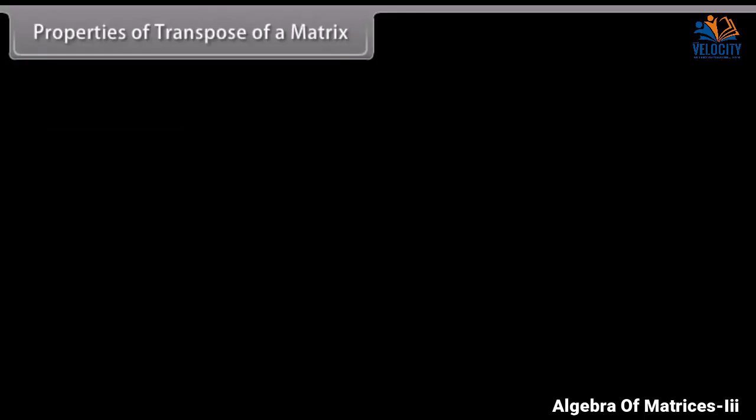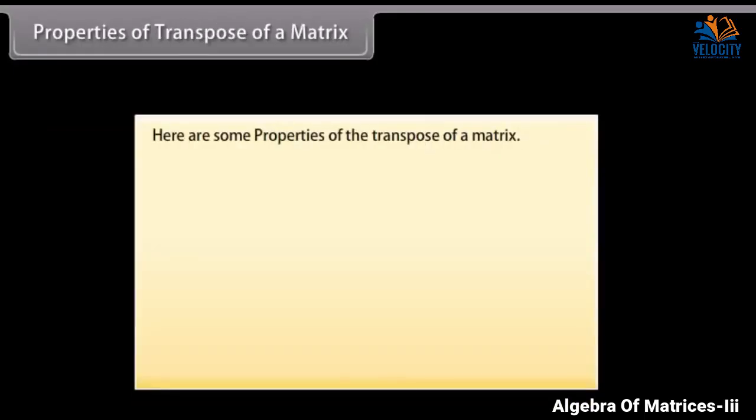Properties of transpose of a matrix. Here are some properties of the transpose of a matrix. First, transpose of the transpose of matrix A is equal to matrix A. Second, transpose of A plus or minus B is equal to transpose of A plus or minus transpose of B, if A and B are m by n.